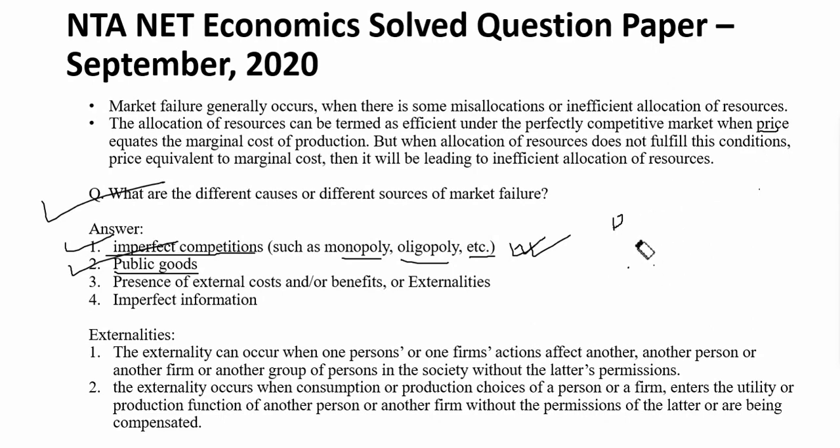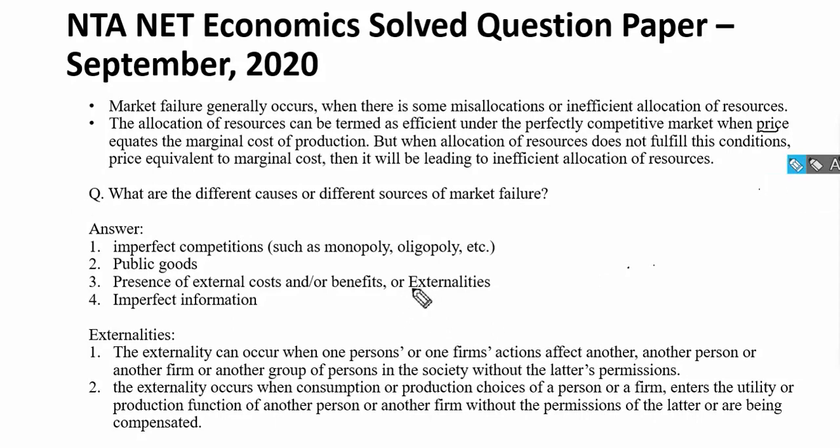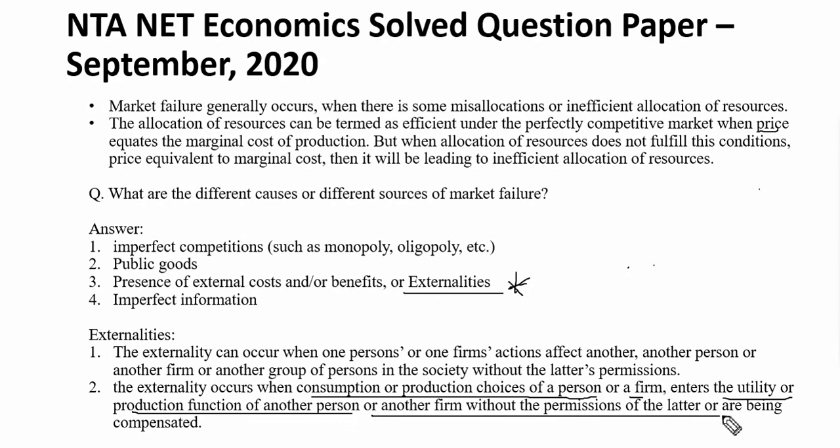So the third reason for market failure is the presence of external cost, or what we call externality. This term is very important. We will discuss it in some other video. Externality is basically when the consumption or production choices of a person or a firm enters the utility or production function of another person or another firm without the permission of the latter.